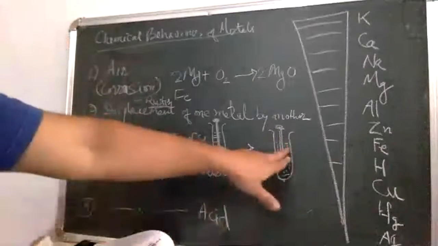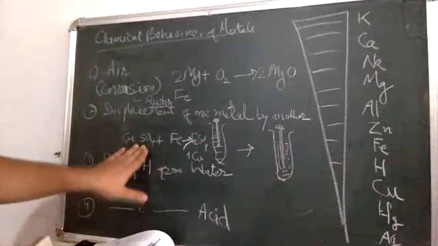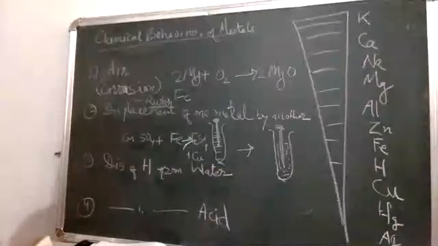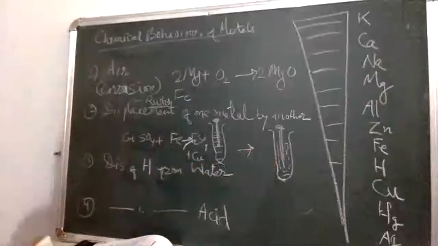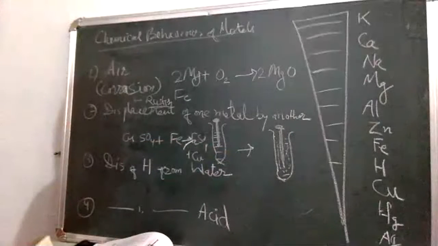So you have separated out copper from the sulfate, and the remaining liquid is nothing but iron sulfate, ferrous sulfate you can call it.